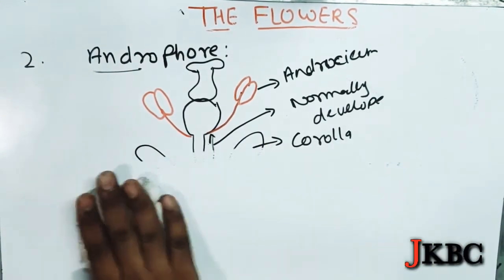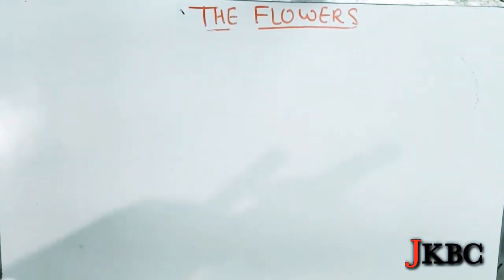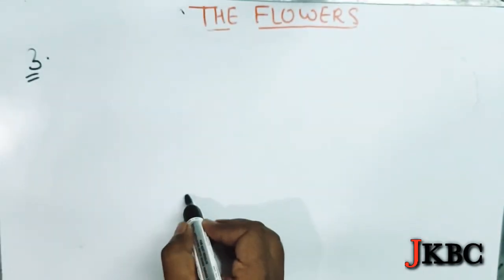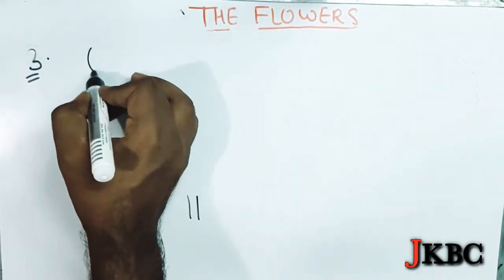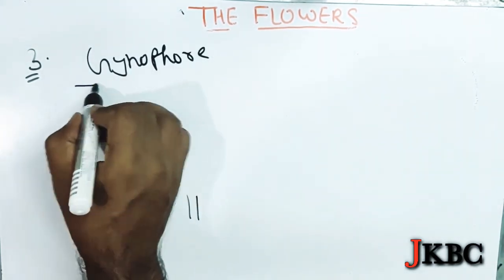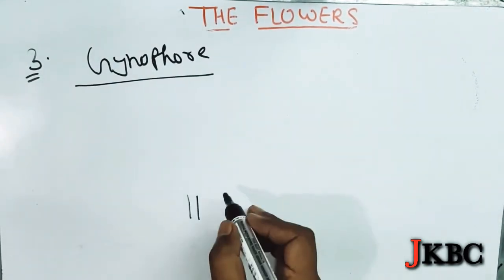We will not say gynandrophore for it, we will say gynophore. Now gynophore is basically the third type. The development of the internode in between the androecium and gynoecium is called gynophore.